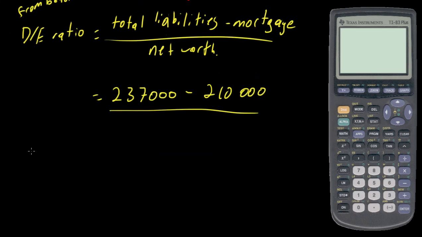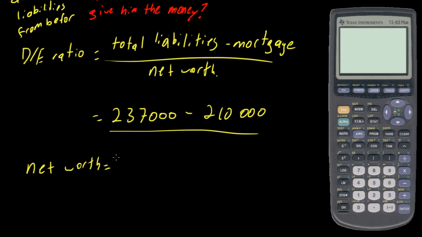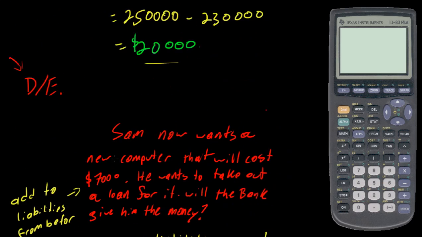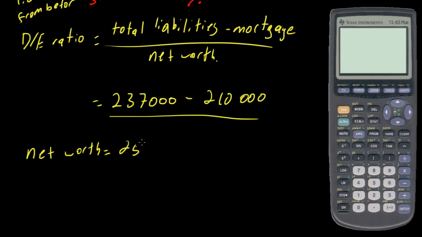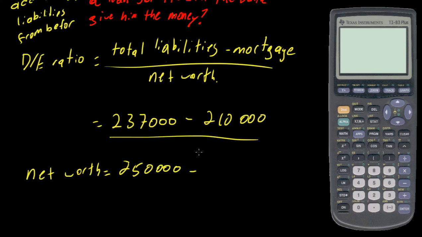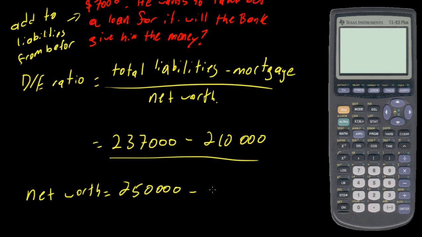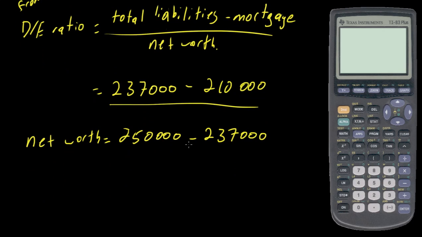So net worth is going to be equal to the assets, which is still $250,000, minus our new total liabilities, which is $237,000.